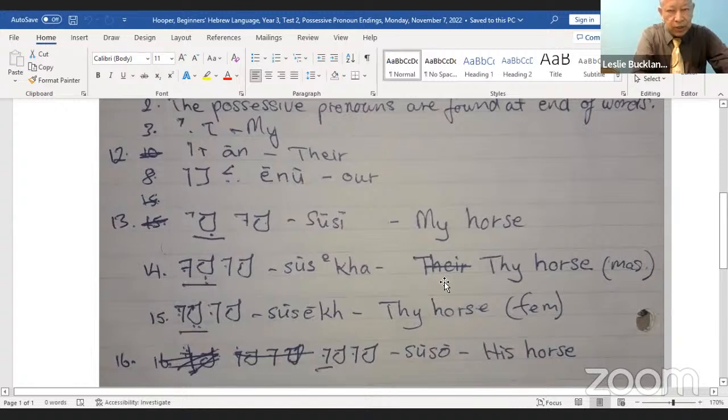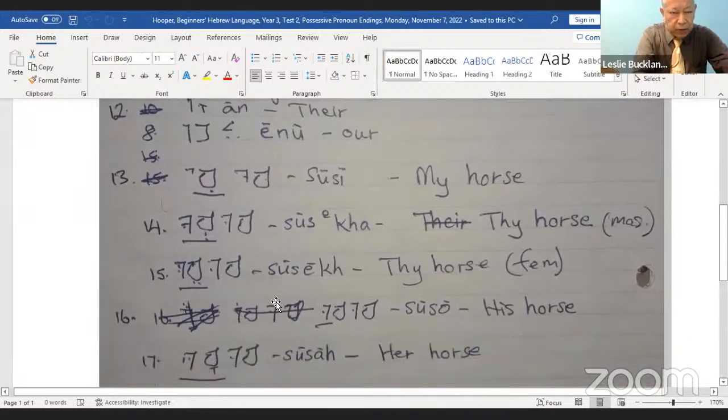And then she translated the whole of the word susika, thy horse, and put MAS standing for masculine. Number 15, she identified the second person singular feminine possessive pronoun ending, thy, and then translated the whole of the word susik, thy horse, in brackets, feminine.